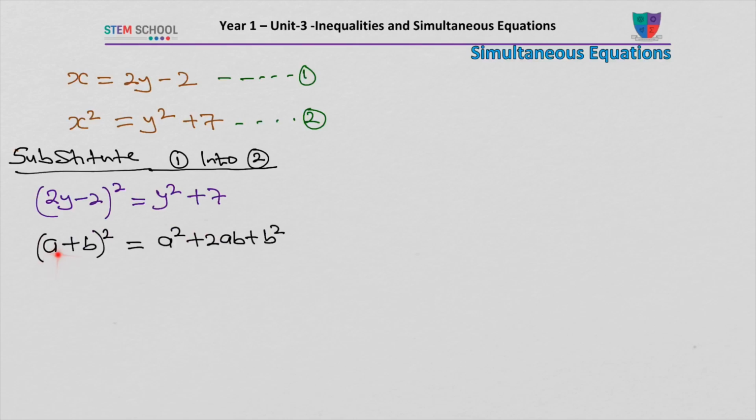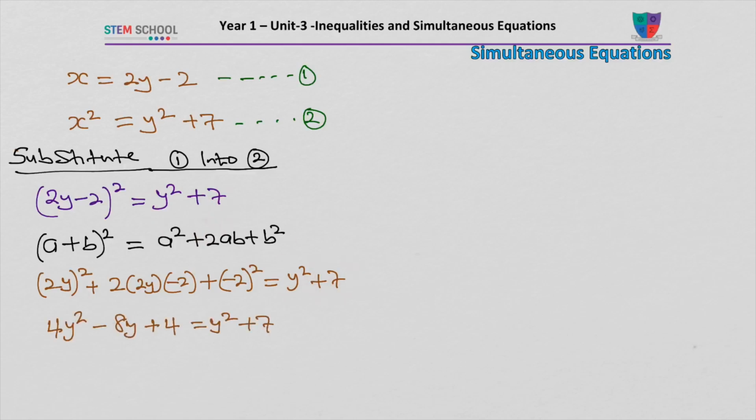I'm going to use (a plus b) squared is equal to a squared plus 2ab plus b squared, where a is 2y and b is minus 2. That becomes (2y) squared, plus 2 times 2y times minus 2, which is 2ab, plus b squared, minus 2 squared, equals y squared plus 7.